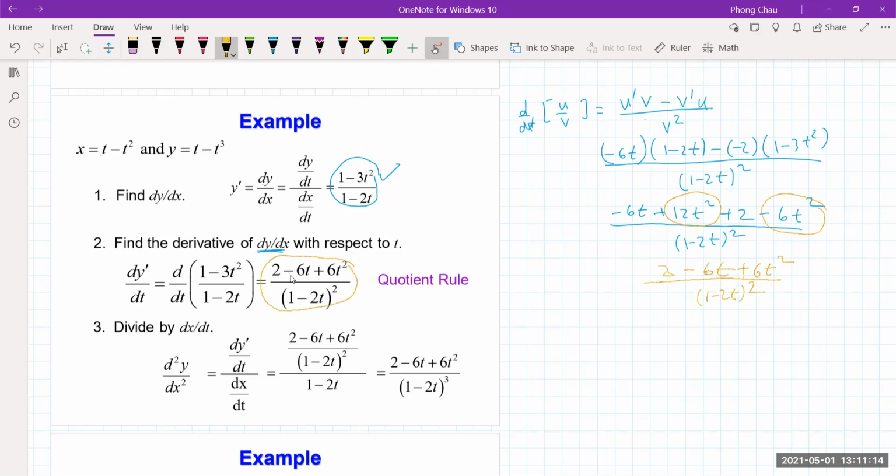And don't forget that the second derivative now is dy prime over dx/dt. So that is what we just got divided by the derivative of x, which is 1 minus 2t. And we simplify, it'll be 2 minus 6t plus 6t squared over 1 minus 2t cubed.